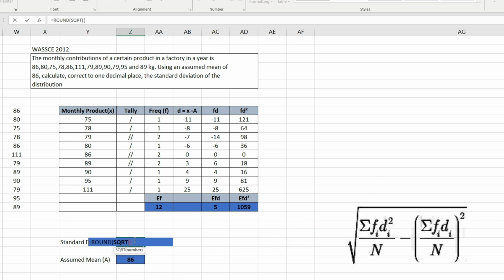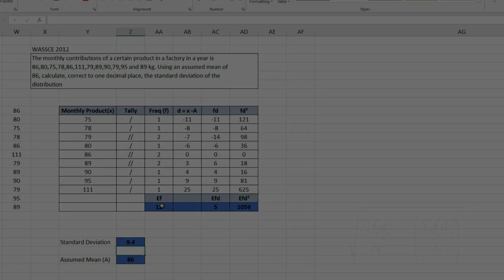With my first term here being sigma FD square divided by sigma F, I'll close it, minus, bracket open, sigma FD divided by sigma F, I'll close it, and then to the power 2, I'll close it here, and then comma. The number of decimal places I want to round to is 1, since the question says one decimal place, and I can close it and then press enter.